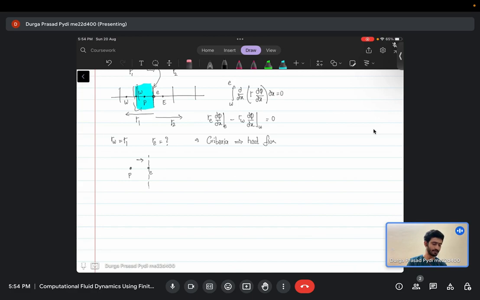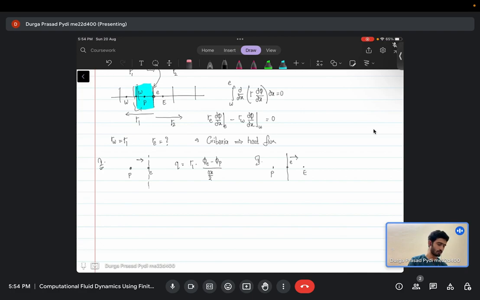So the heat flux can be calculated in two ways. The first way is essentially Q equals gamma 1 times, for d phi/dx I can just approximate phi little e minus phi P by delta x over 2. I can write it this particular way, or there is a second way where this is my P cell, this is my east phase, this is my east cell.